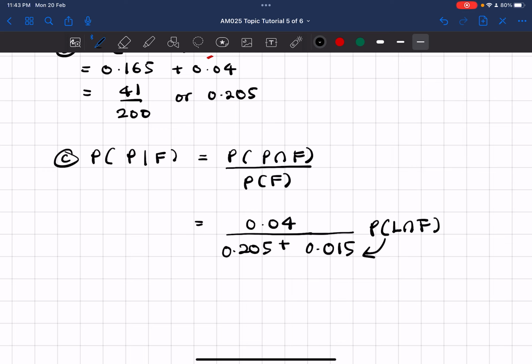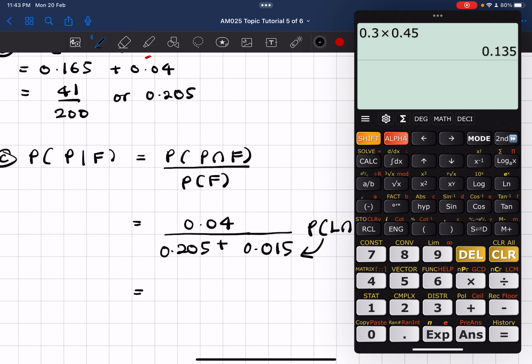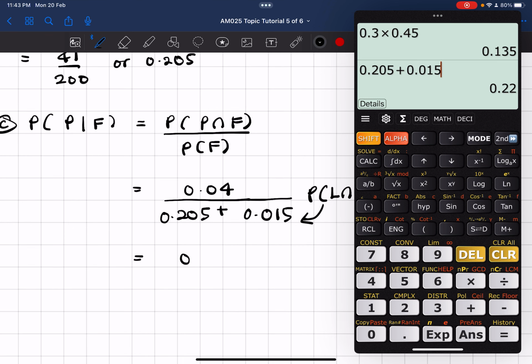So we get 0.205 plus 0.015, which is 0.22. So 0.04 divided by 0.22 is 2 over 11.